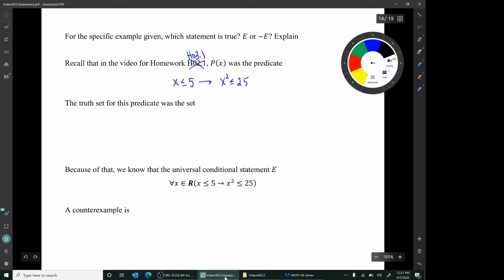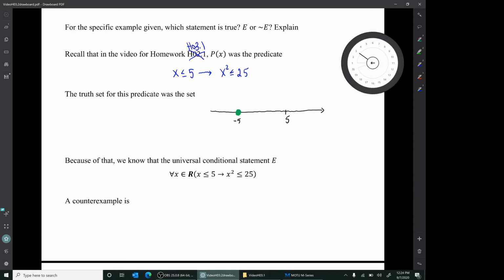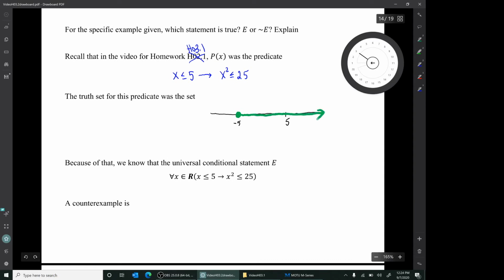If x is less than or equal to 5, then x squared is less than or equal to 25. And we found that the truth set for this predicate was the following set. If any of these green x values are chosen and substituted into the predicate, they make the predicate true.